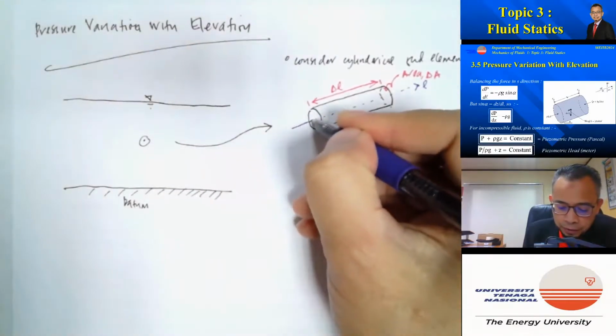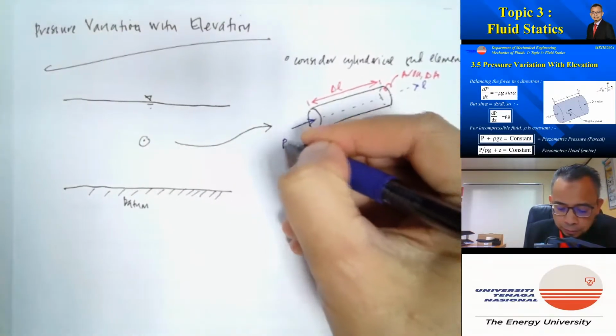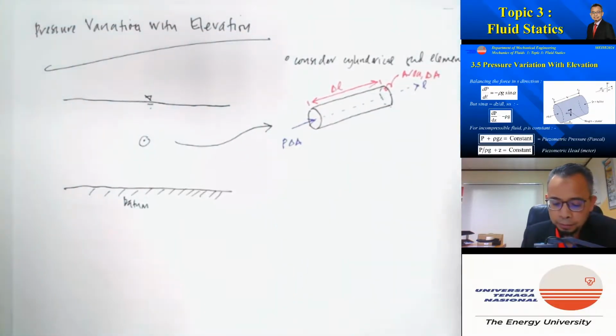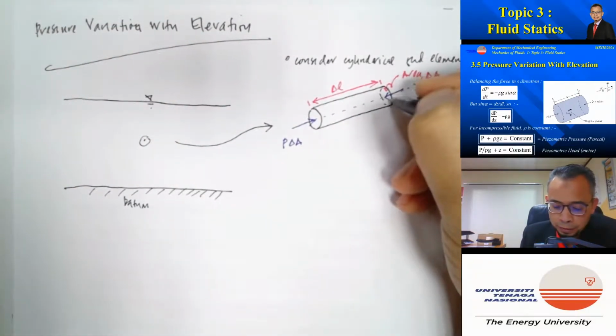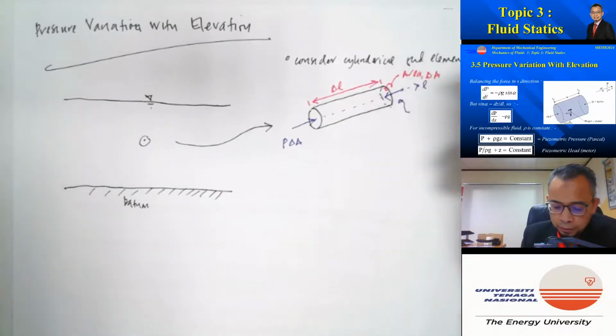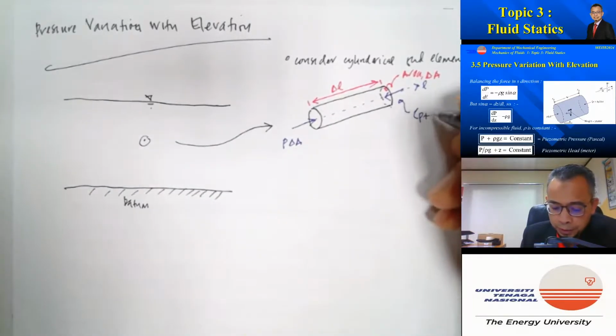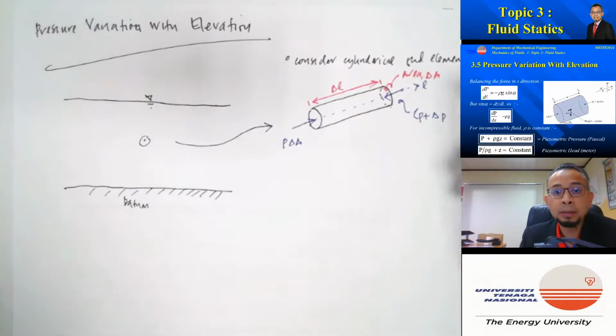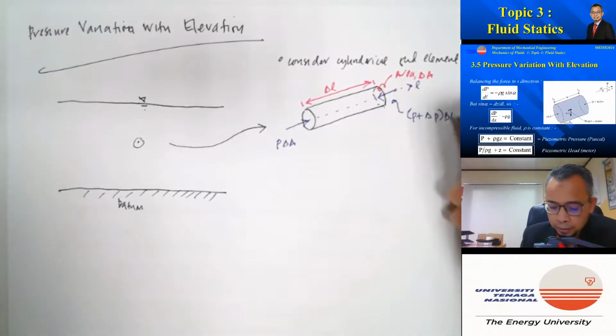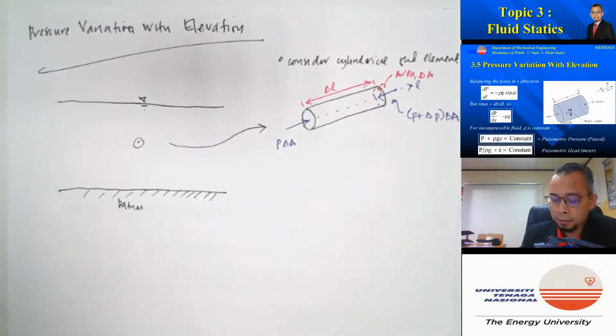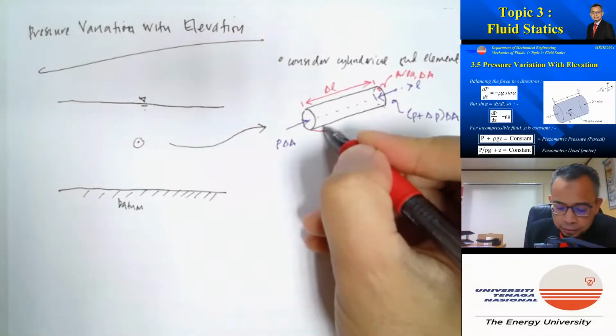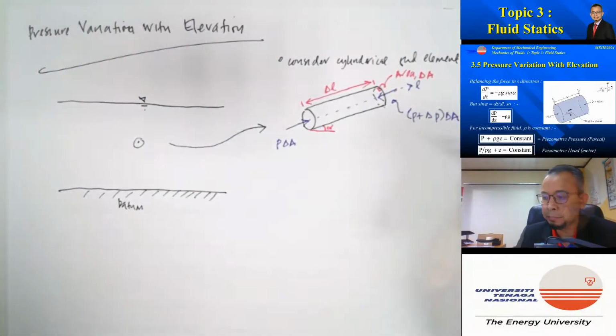So the force acting here is equal to P delta A, and the force acting here will be (P plus delta P) delta A. And let's say this angle is equal to alpha.